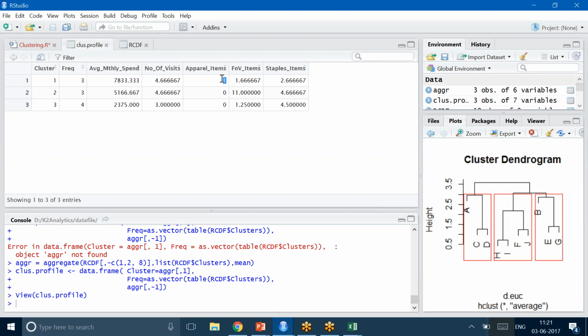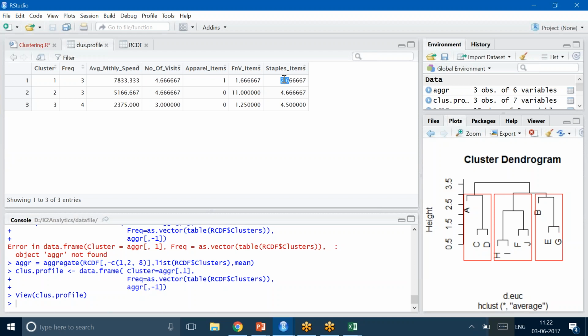Yes. Are they FNV buyers? Yes. Are they staple buyers? Yes. So they have at least one item from the apparel section, 2 to 3 items from the FNV section and 2 to 3 items from the staple section. That's what their basket is. Because they have apparel in their basket, their average spend is also on the higher side.